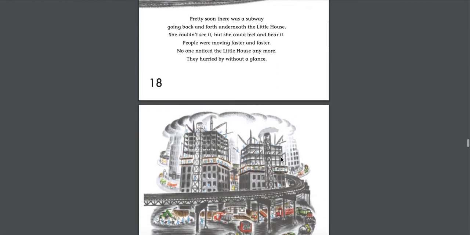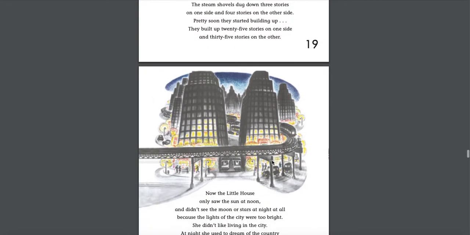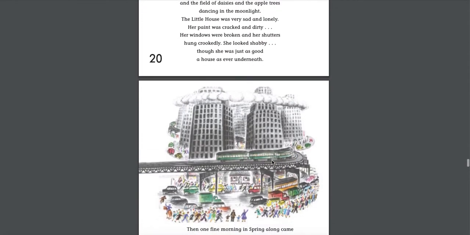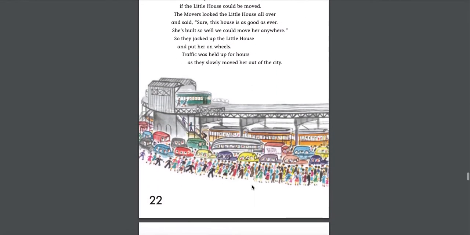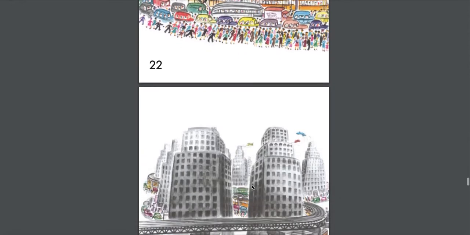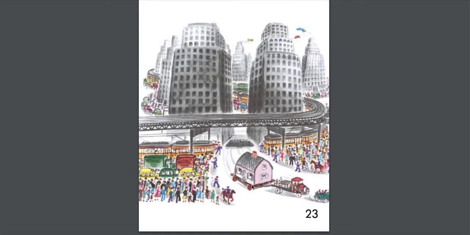Look how, remember how the clouds used to be, the blue clouds in the sky, and now it's like dark and smoggy from all the pollution, all the cars and the trains. Look at all the traffic. So look at this picture here on page 23.